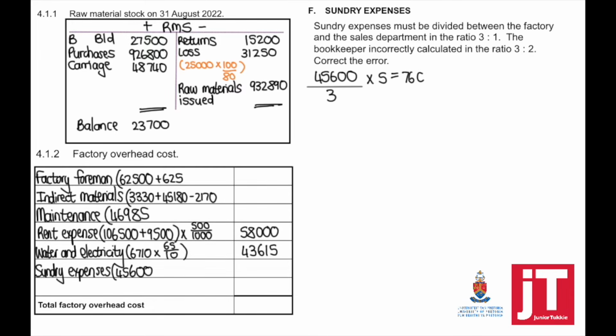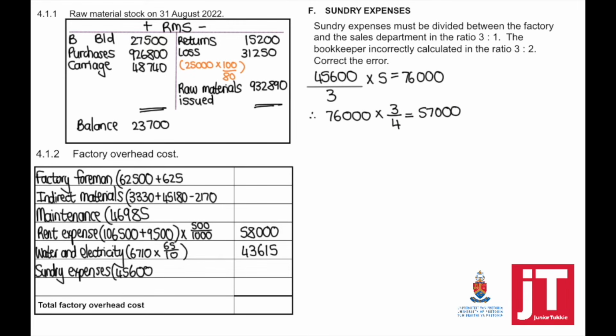This means that if I'm looking at the sundry expenses, it's 45,600 divided by 3 times 5, because I want to know now what was the total sundry expenses for this accounting period. What was our expense? Then I'm going to say 76,000 times 3 divided by 4. This is what it was supposed to be.